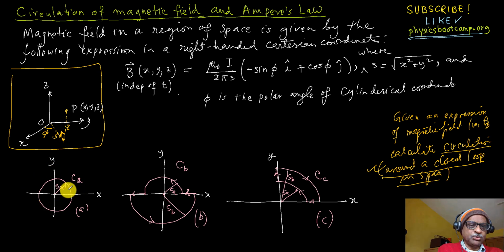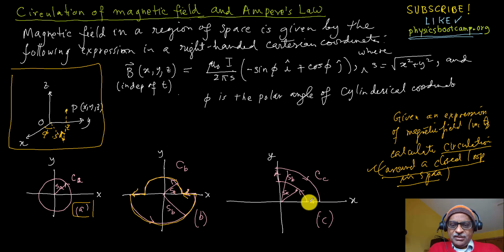Problem A is this loop. Problem B is a little more complicated loop. You go around and then go this way and keep going and come back this way. So it's like a semicircle but connected by these lines.